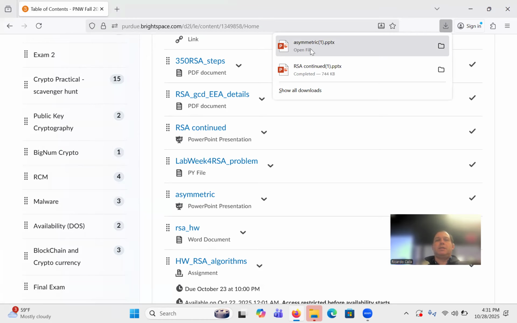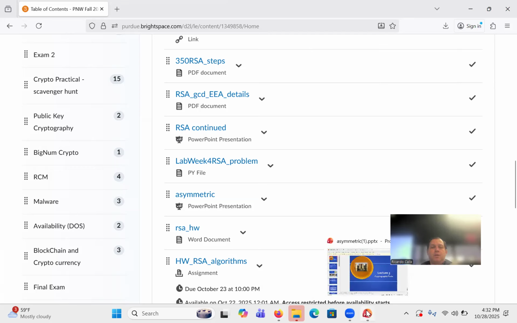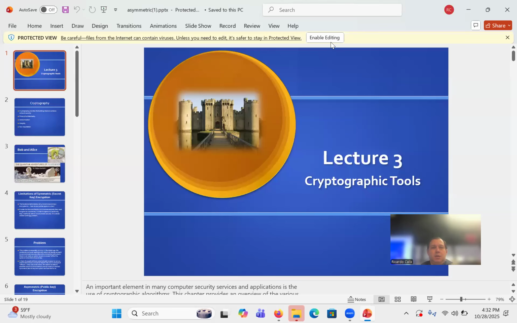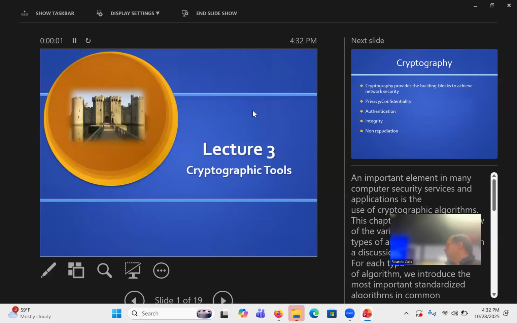Let's do asymmetric. I think this one just summarizes more of the ideas of RSA, as we're wrapping up RSA today. So, just wrapping up.